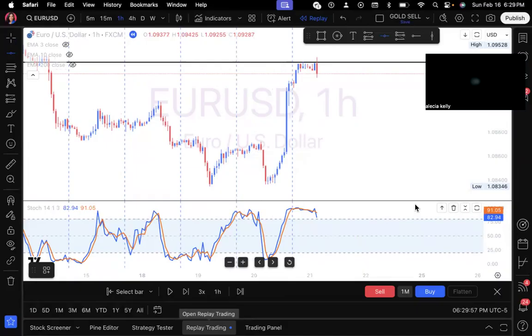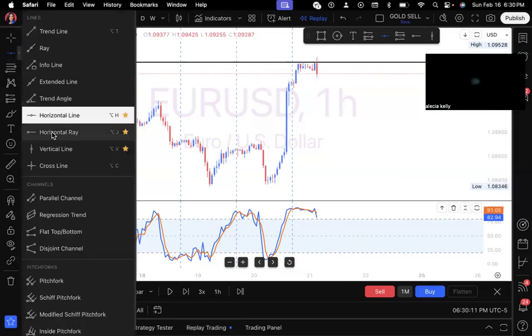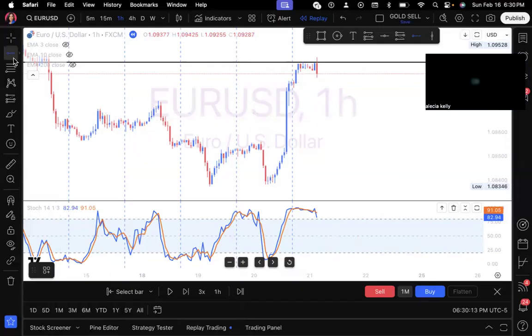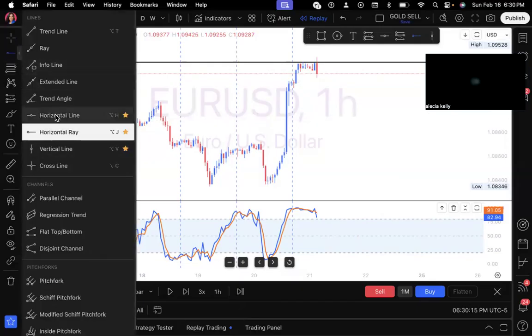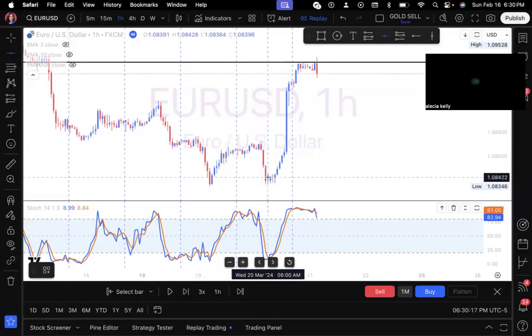So using the daily high is pretty strong confirmation, but I just like to look at it on an hourly because I can see the candles just a little bit better. So 3 a.m., right? That's when this session started. And now we're just going to put another horizontal line.